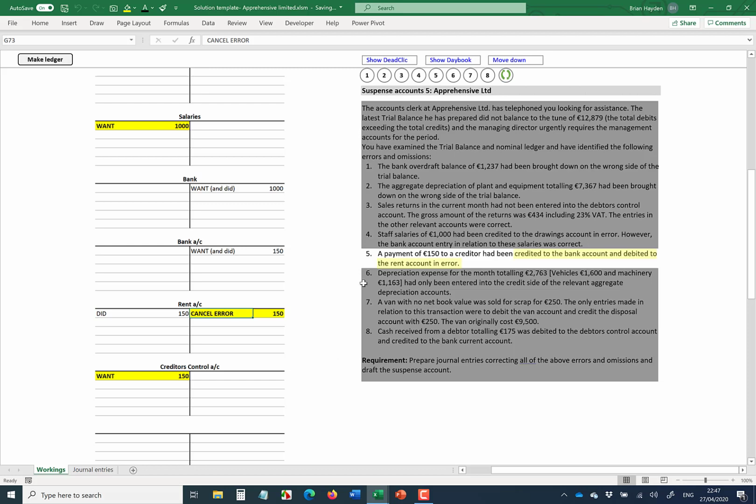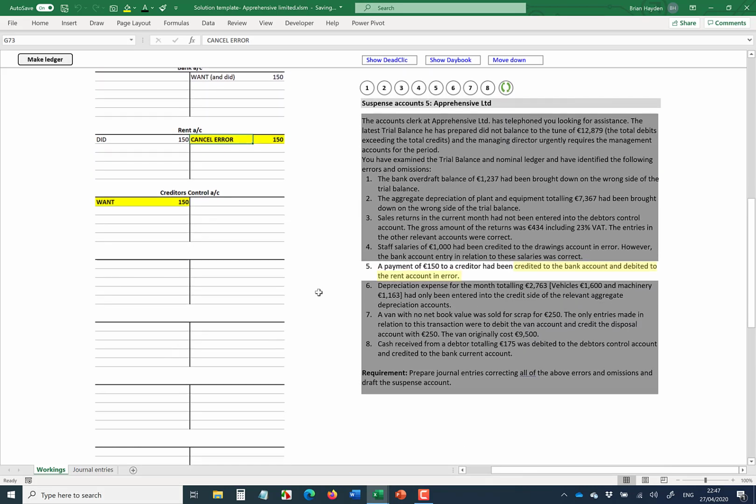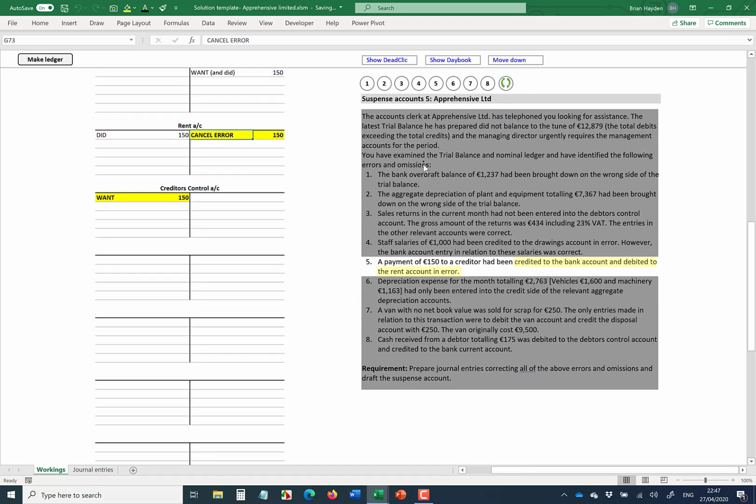Now item 6, again, I'll just move it down a wee bit more. Okay, so item 6. Depreciation expense for the month totaling 2763, made up of vehicle 1600 and machinery 1163, had only been entered into the credit side of the relevant aggregate depreciation accounts.